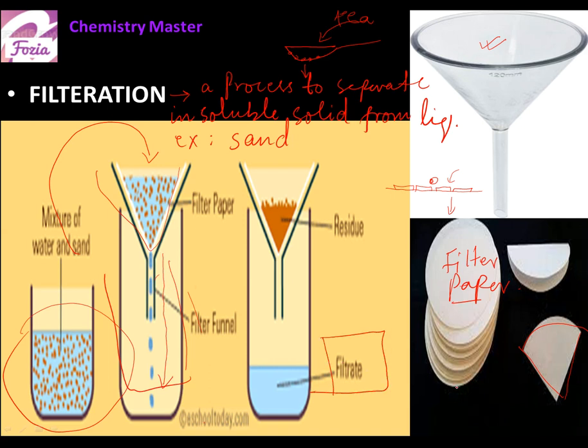So here you see the clear solution is obtained as a filtrate, which passes through the filter paper, but the solid will be blocked here and will not be allowed to pass through the very small pores of the filter paper, and it will be collected here on the cone, which is called the residue.